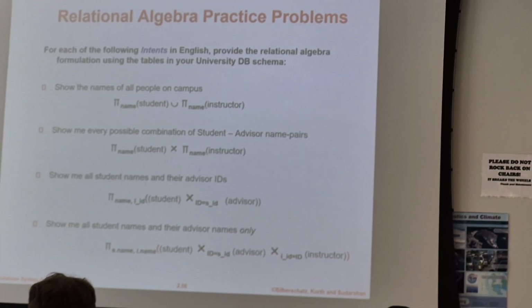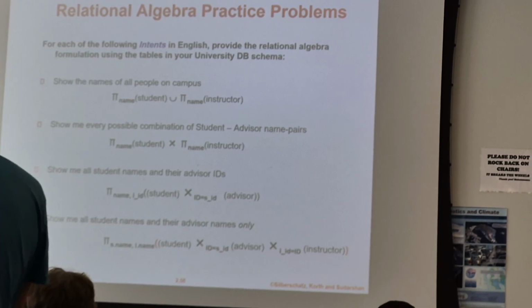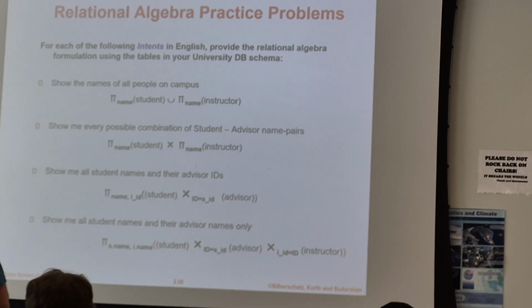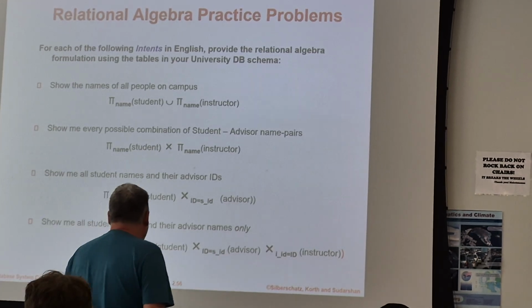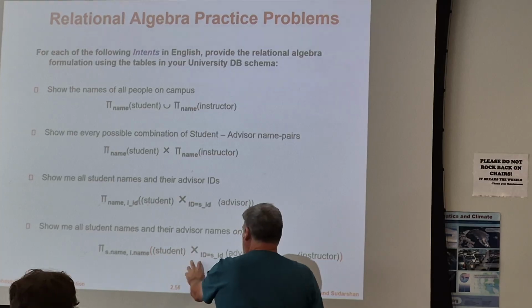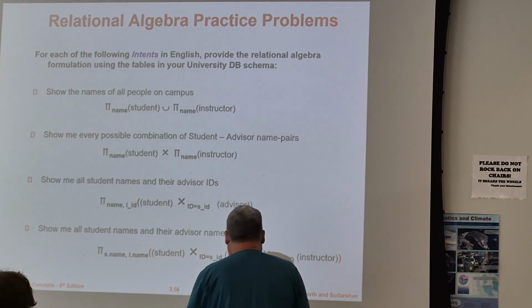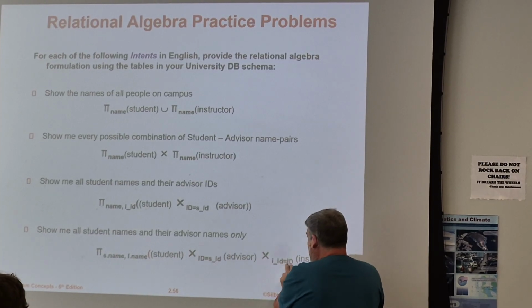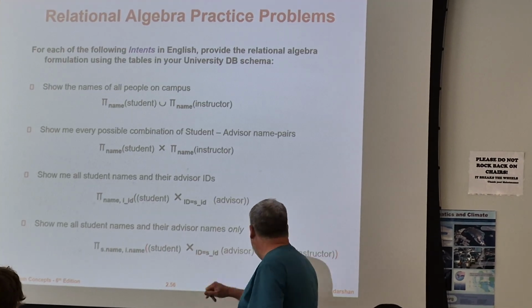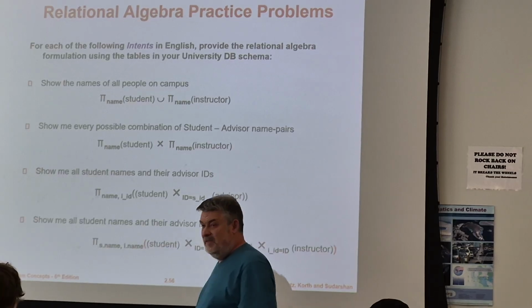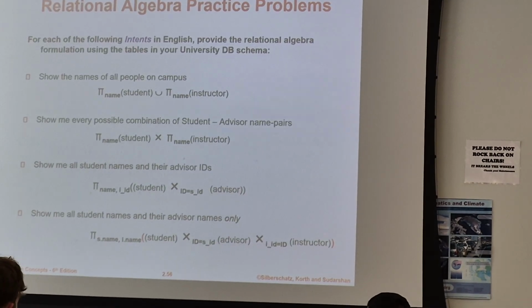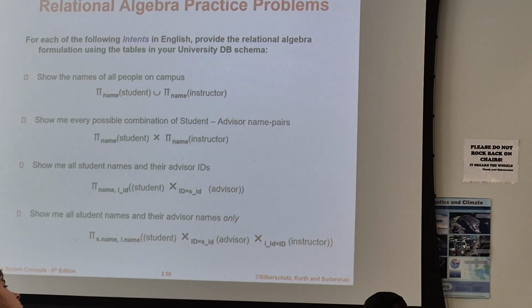Now that parentheses are multiplying, I highlight some parentheses in red just so you can see where the outer one begins and ends, but I'm going to take student and advisor and join them on, like I said in class last time, I really should have said s.id, because now we have 2 tables with the field name ID in it, and we should really say student.id and instructor.id. And I just usually shorten that to first letters until I have 2 tables in my expression with the same first letter.